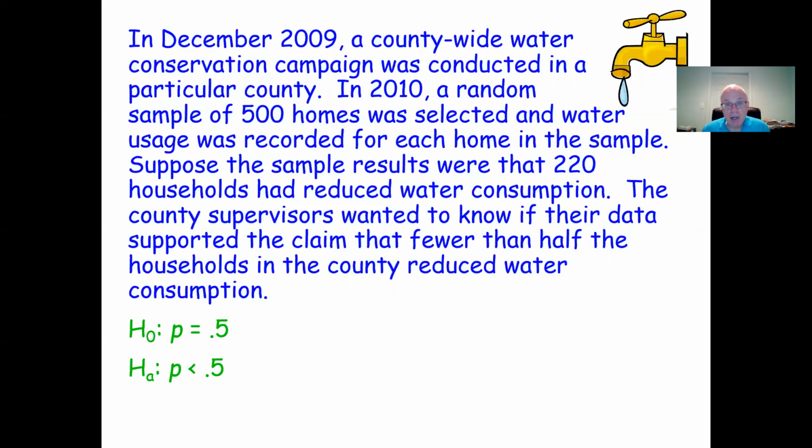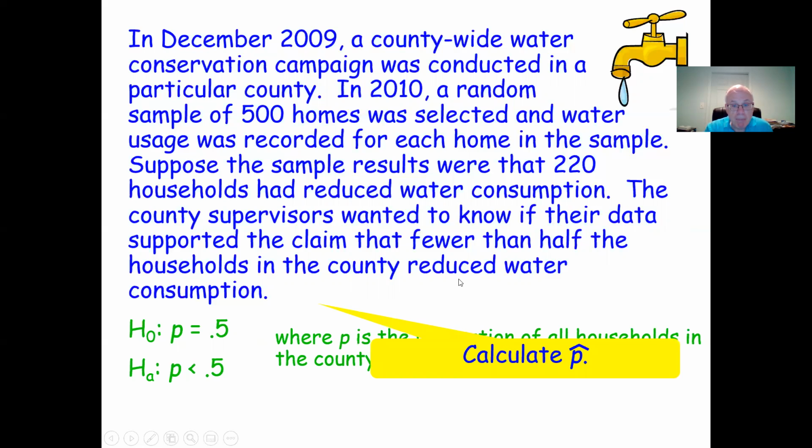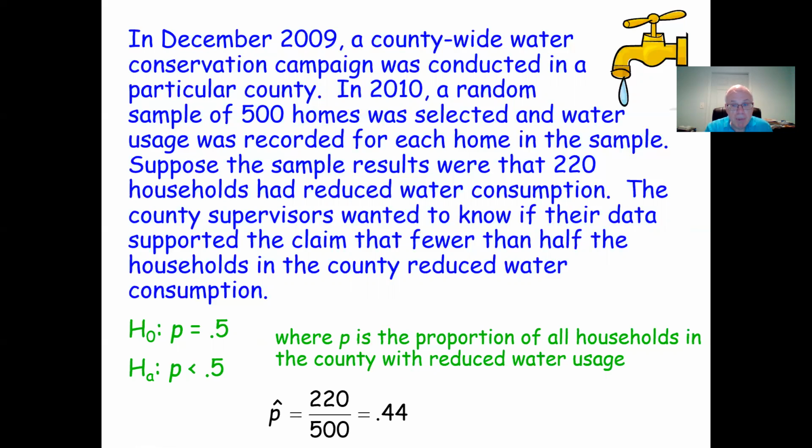Now, what is the actual sample proportion? It's 220 households divided by 500 households. And I believe that's 0.44, your p-hat. Okay, this is going to be a left tail test.